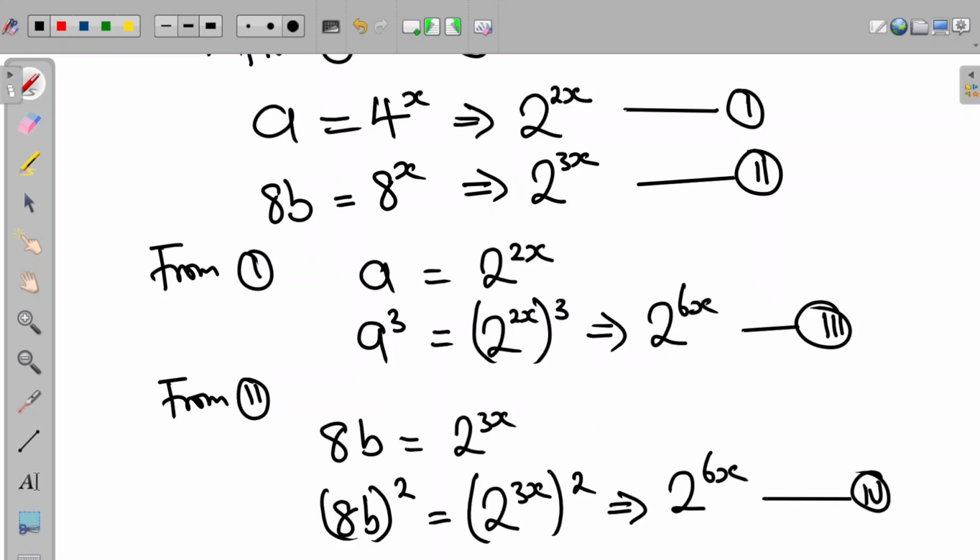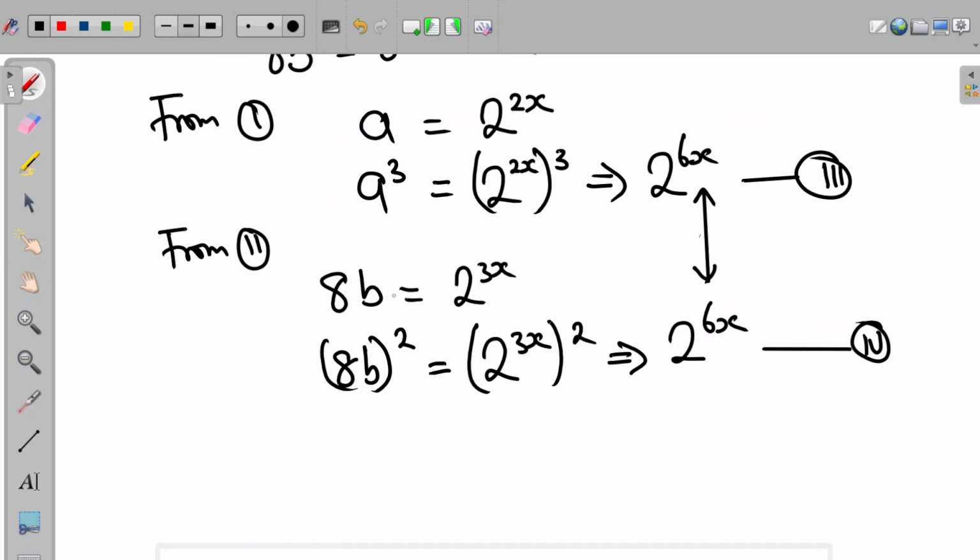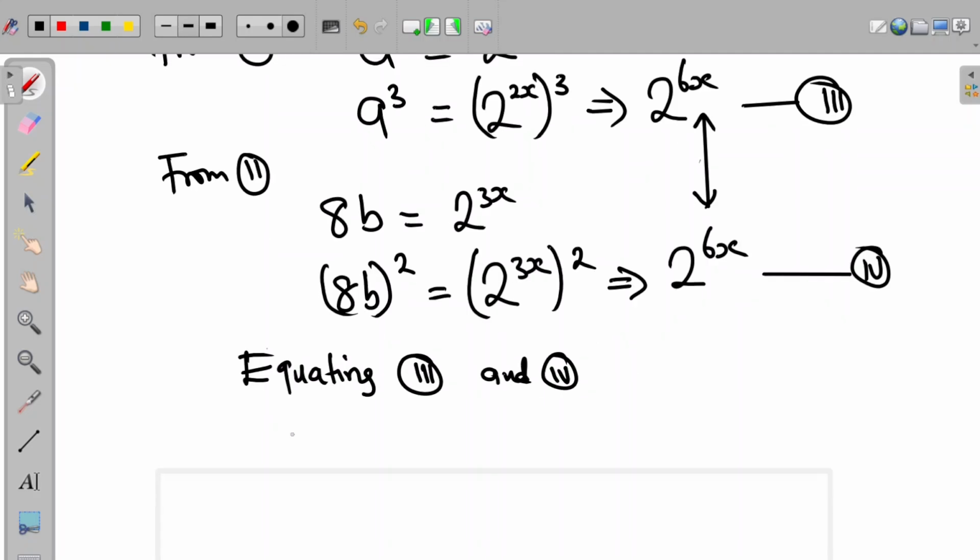So recall that for us to obtain the relation between a and b, we have to eliminate x by expressing a and b to equal powers of x. Now, x has equal powers. Thus, equating 3 and 4, we have that a raised to the power of 3 is equal to 8b all squared.